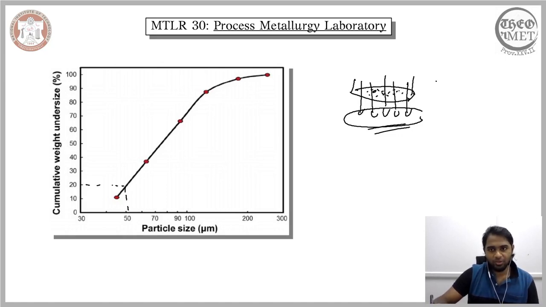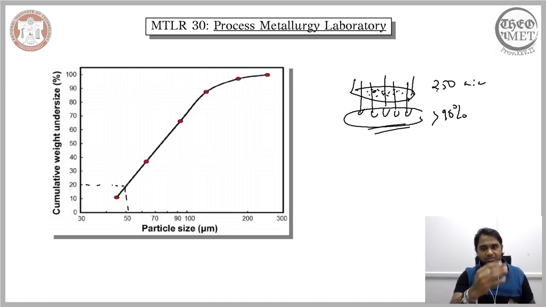So therefore, when you have the maximum aperture size of 250 microns, you have more than 90% of particles that have size less than 250 microns. So this is how we graphically represent the results of the sieve analysis.